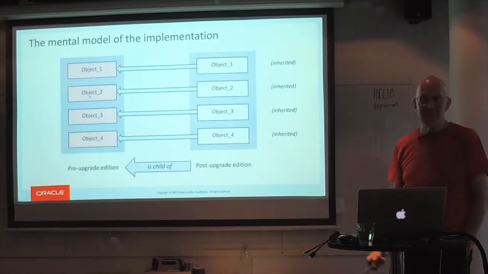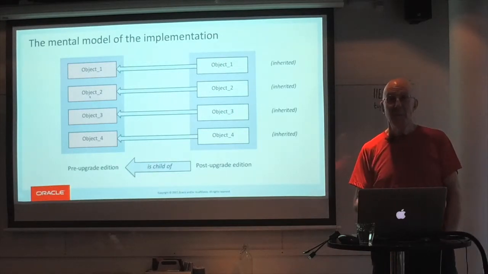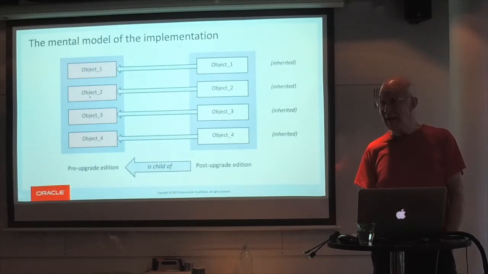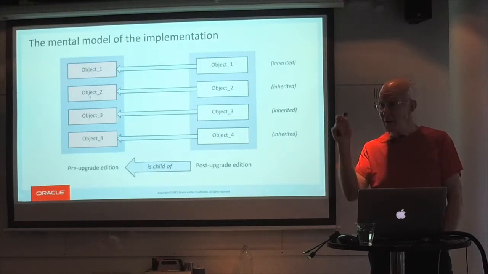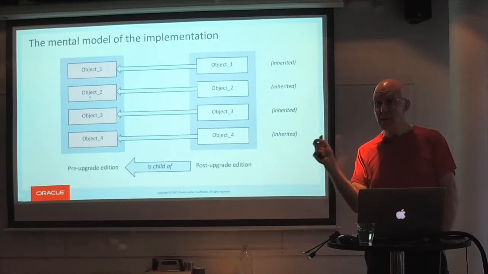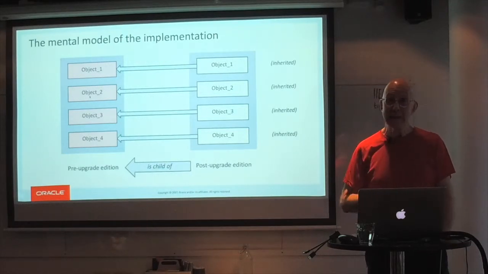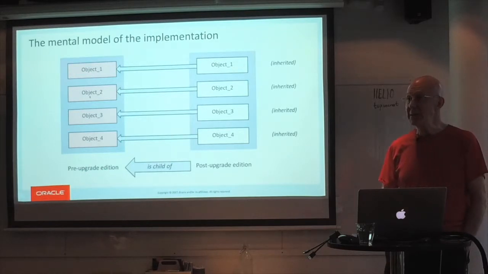Well, just to let you know, that's the mental model of the implementation that's adequate for your normal purposes. There is a real implementation, and that's, not surprisingly, something along the lines of Unix links. So when you create a new edition, you actually, behind the scenes, create what amounts to a link to every object that you're trying to copy, which is just a straight pointer to it, okay? If you look around for those links, there's no evidence of them in the documented dictionary views.